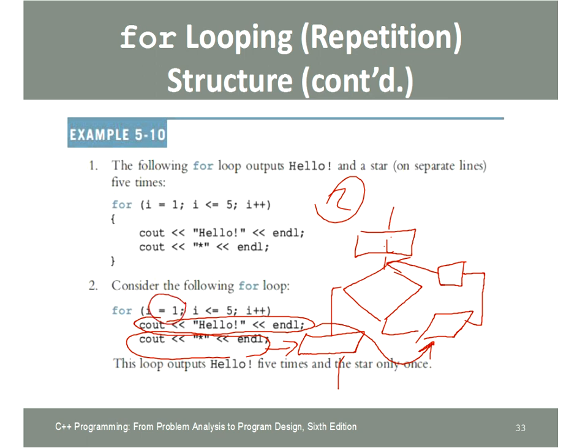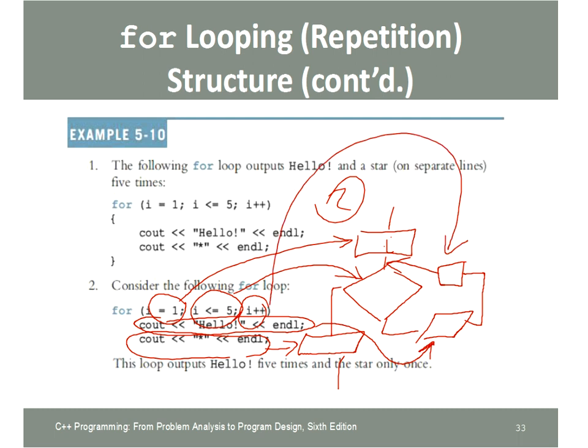I equals 1 is the priming. The loop logic goes into the diamond shape, and the update goes into the rectangle. Okay, so that's how it works. It is a totally different program because of those curly brackets.